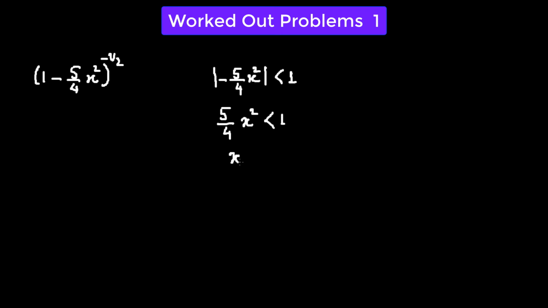Now we're going to multiply both sides by 4 over 5. So we have x squared is less than 4 over 5. x squared is less than 2 over square root of 5 whole squared. So what we have done is we have written 4 over 5 as 2 over square root of 5 whole squared.